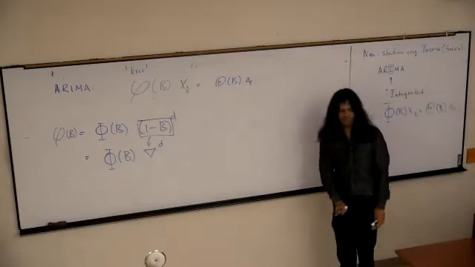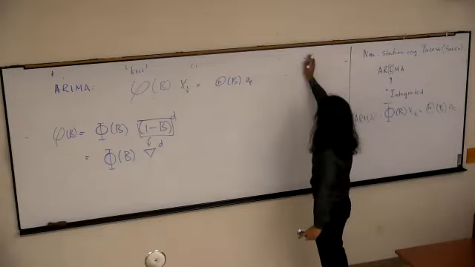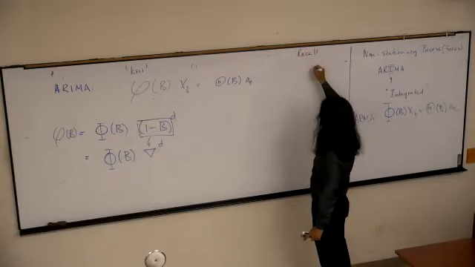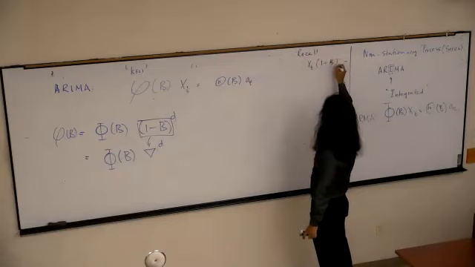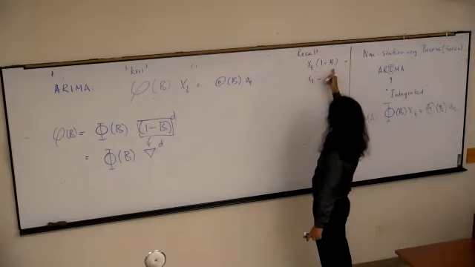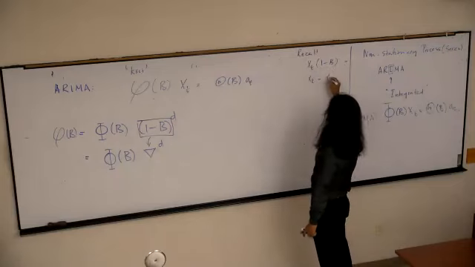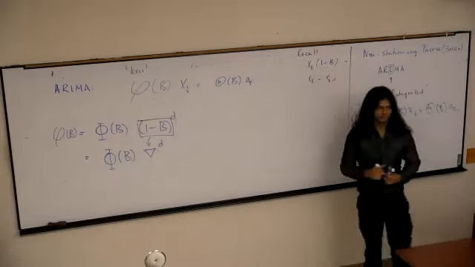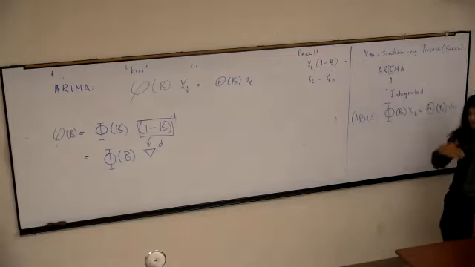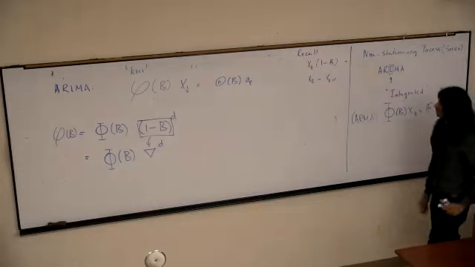Why do we call it backward difference? Side note, this is just to refresh your memory. If I did Xt times 1 minus B, I'd end up getting Xt minus B times Xt, which is Xt minus 1. Do we agree? Backward difference. Xt minus the previous one.